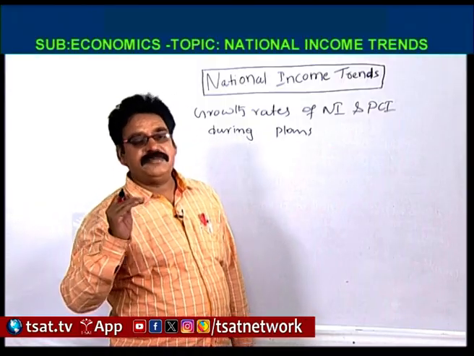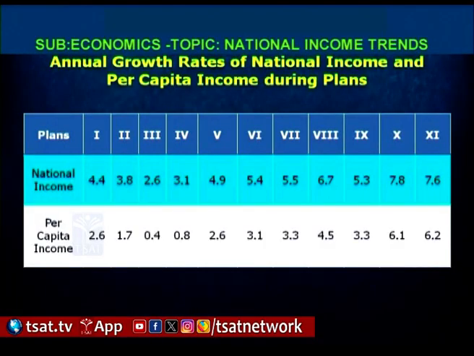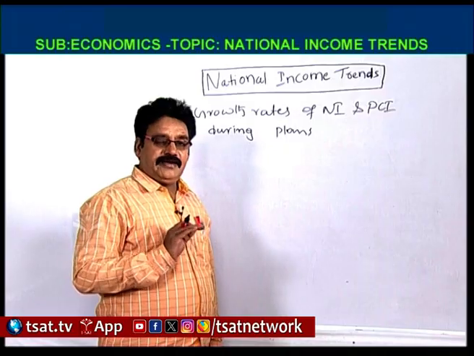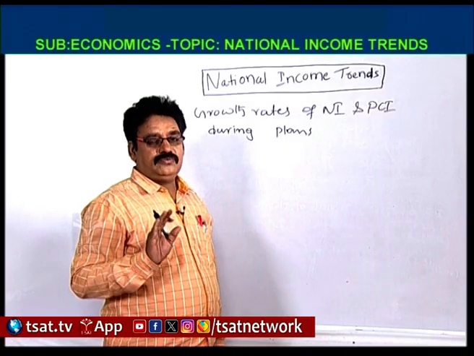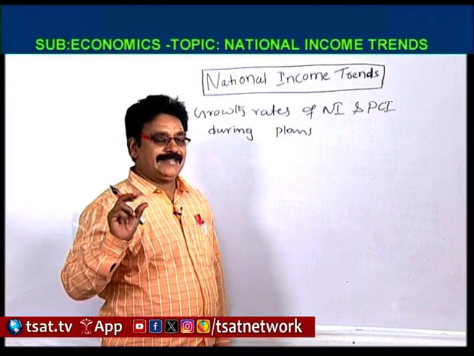So national income decreased, and slowly it started to pick up from the fourth, 3.1, 4.9, 5.4, 5.5, 6.7, again a small decrease, and from the 10th plan onwards we are registering high growth rates like 7.8, 7.6. Even in the 12th plan we are registering an average above 7.2. This is the trend which we observe during the plans.